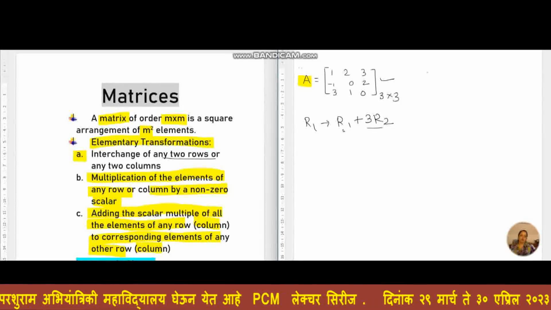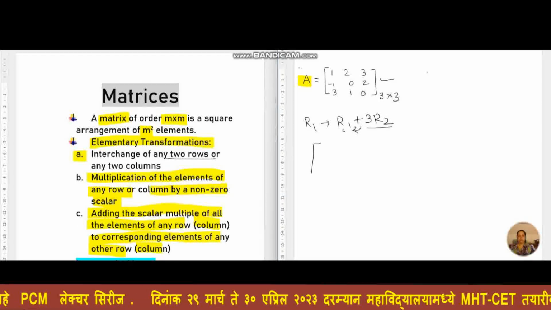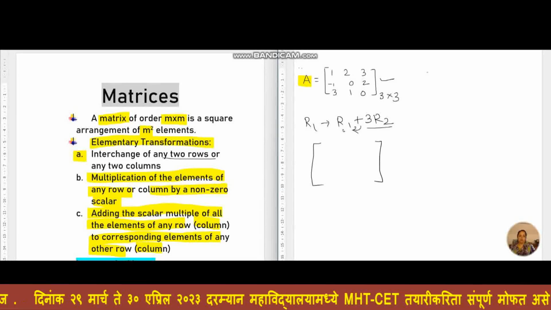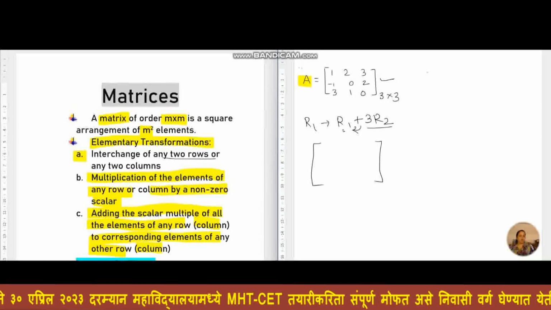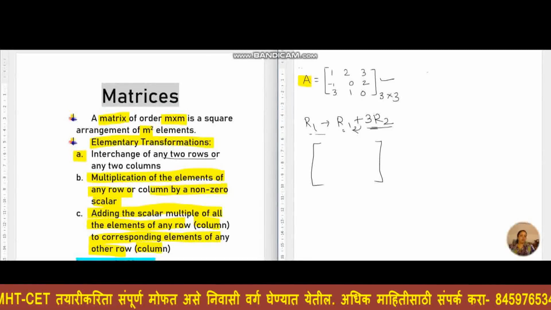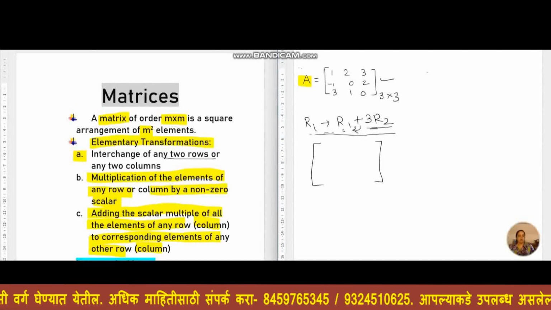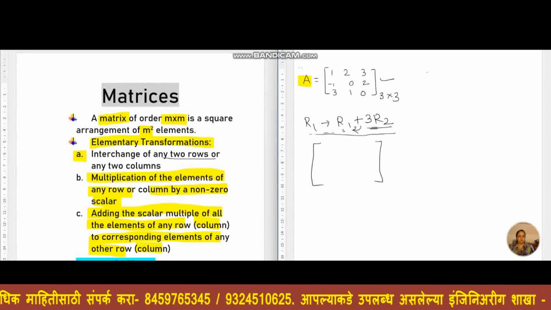We will multiply row 2 by 3 and add it to R1. So R1 will change, and R2 and R3 remain as they are.